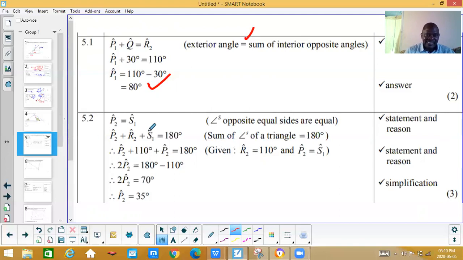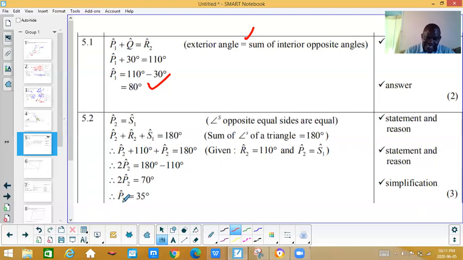Now, since S1 and P2 are the same, in the position of S1 you can replace it by P2. Then you collect like terms. It is now a simple linear equation. P2 plus P2 is 2P2. Now you transpose this 110 to the other side, so it will be 180 minus 110, which gives us 70. 2P2 is equal to 70.